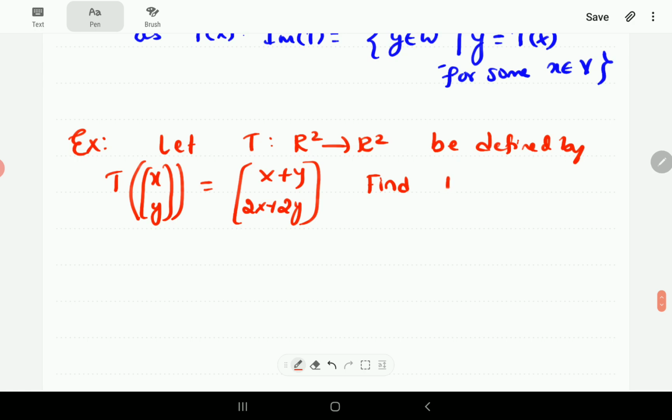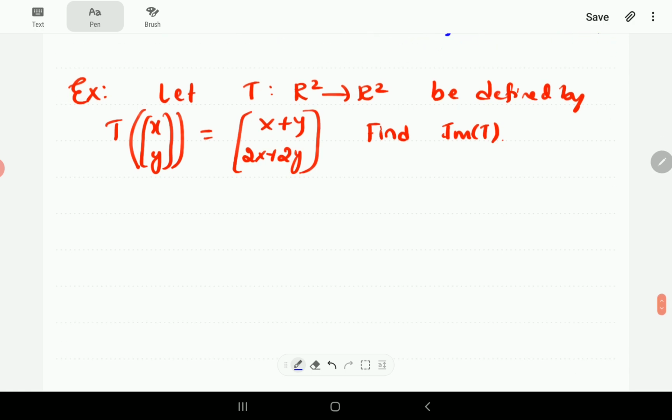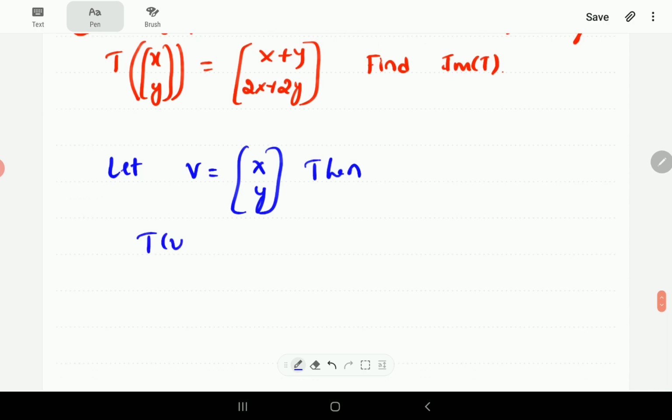Sometimes they ask you like this. Let us see now what we want. I take some vector v equal to (x, y) in V, then I want T of v. That is T of v given as (x plus y, 2x plus 2y).